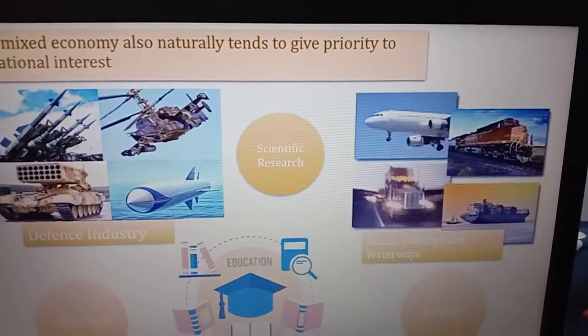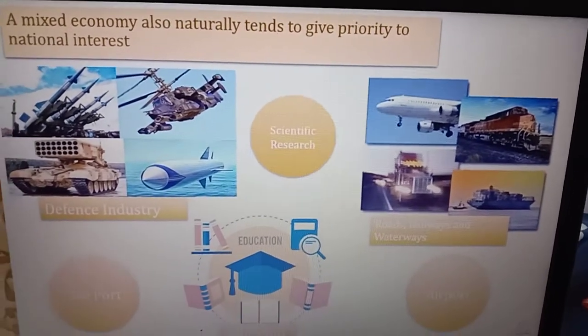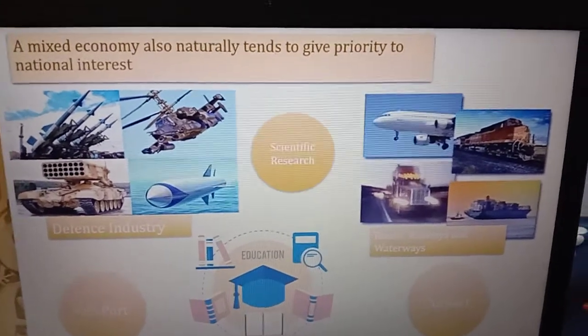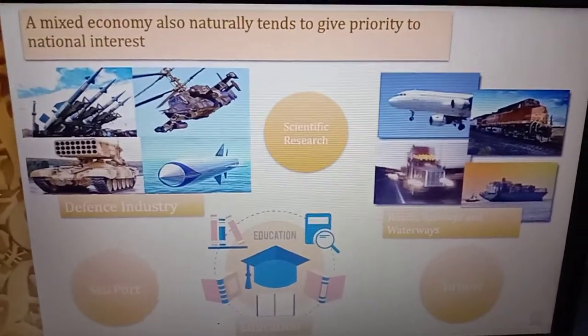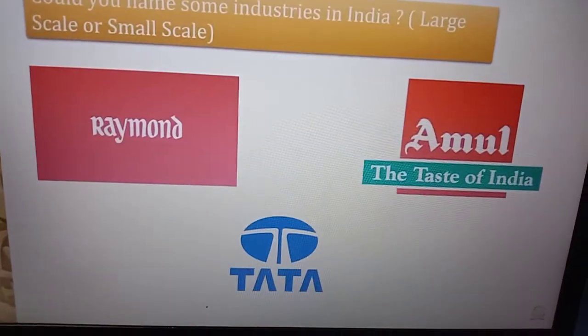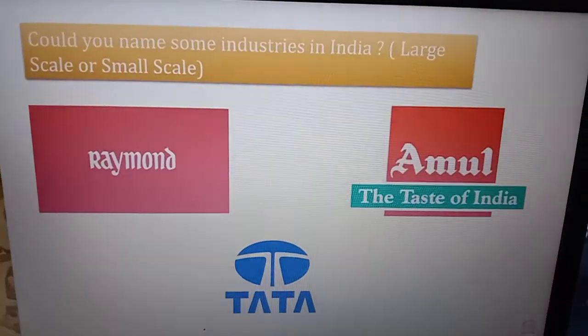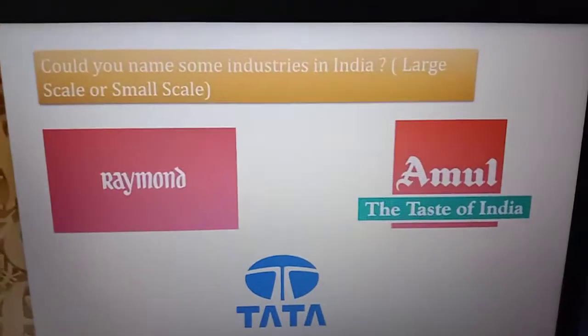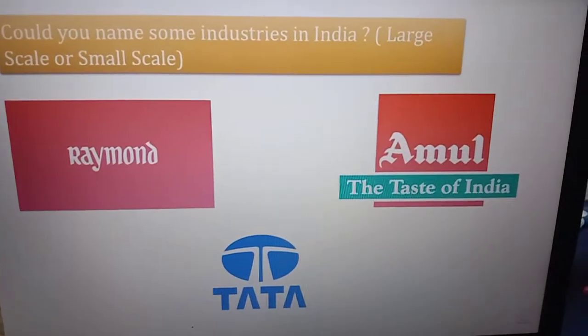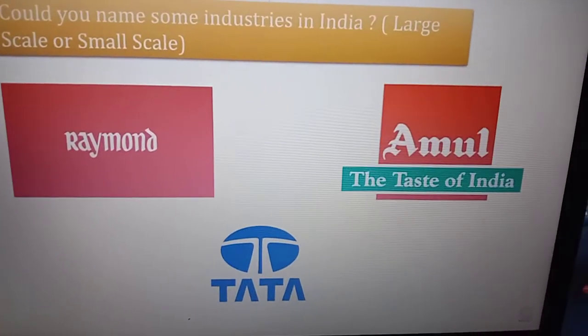That is why it is called the national interest. Not many private industries are keen to invest in these areas. In such a situation, the government has to take the initiative.